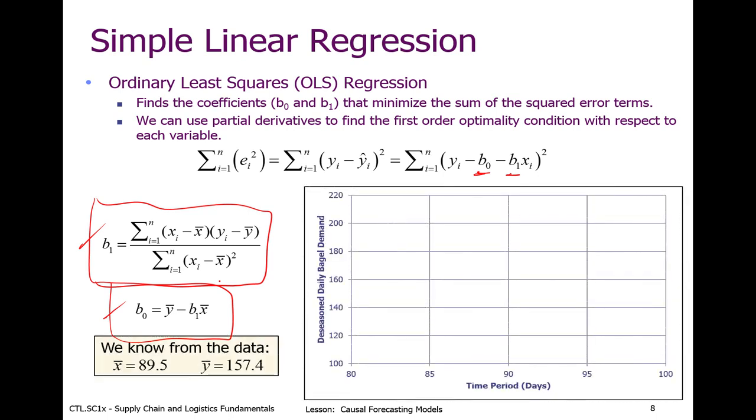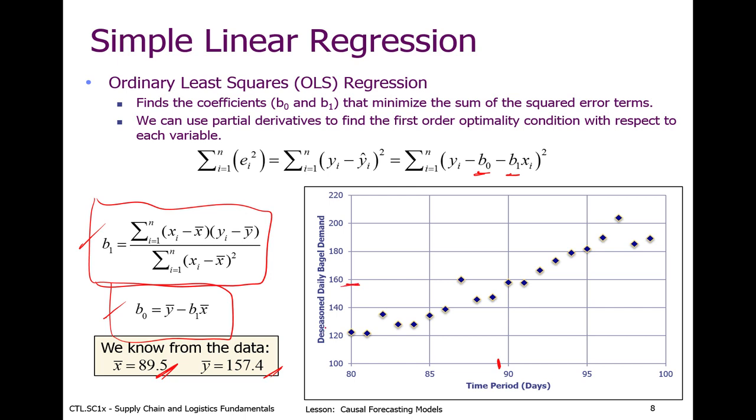So one last point before we go into how to actually solve these: we look at the data, and we know from the data that the mean, this x bar of the time period, is 89.5, right? That's just the mean of the sample data from 80 to 99, so it's right here. And I know the mean of the number of bagels I sold per day is about 157.4, that's right here.